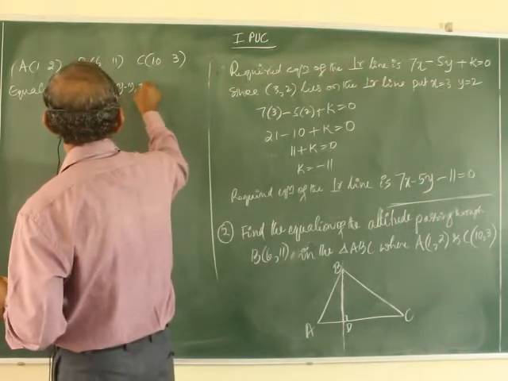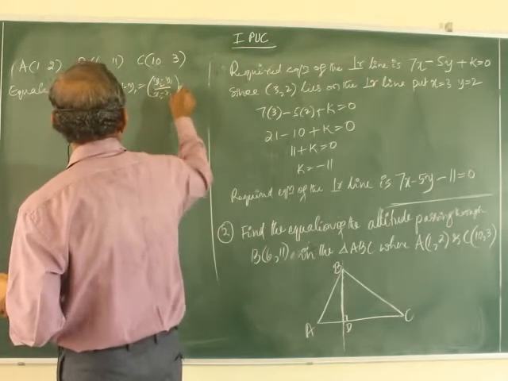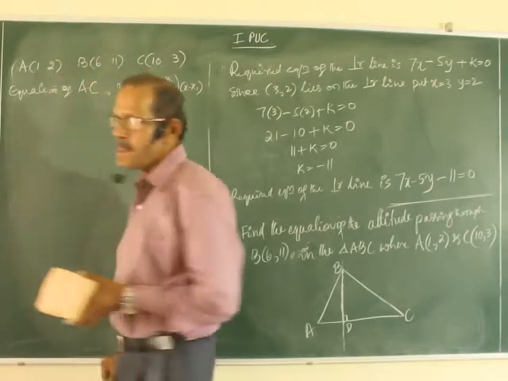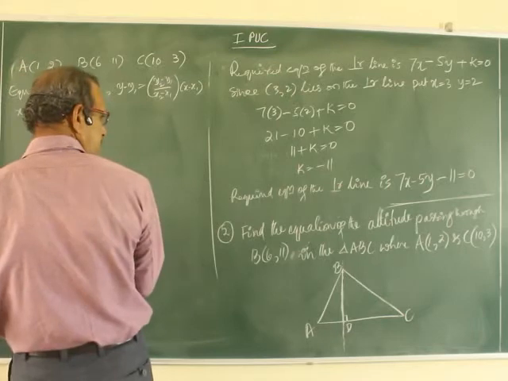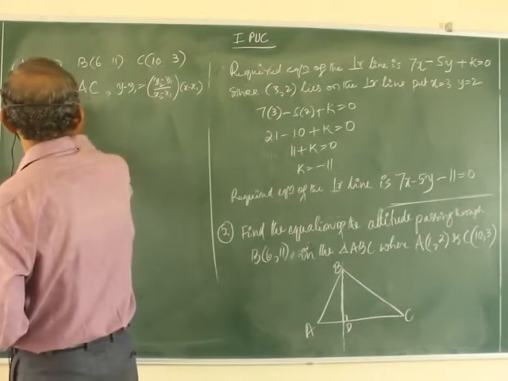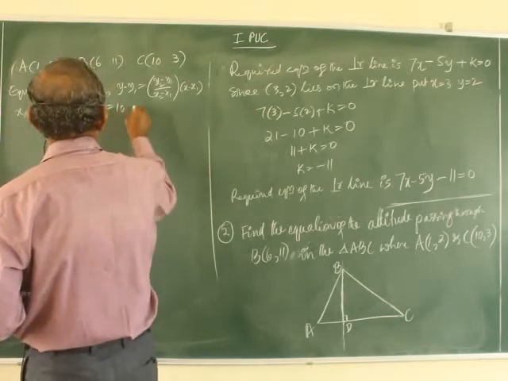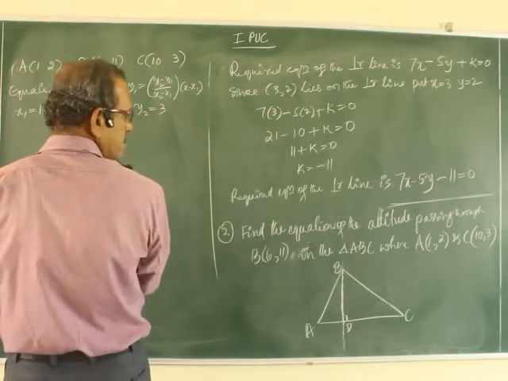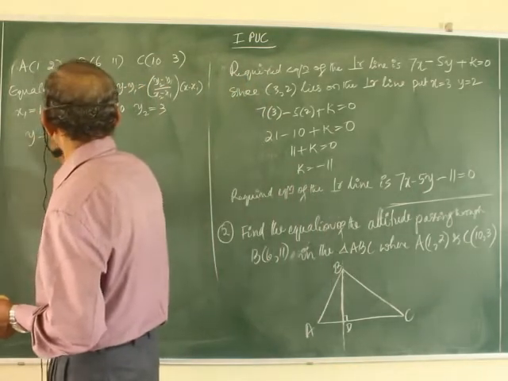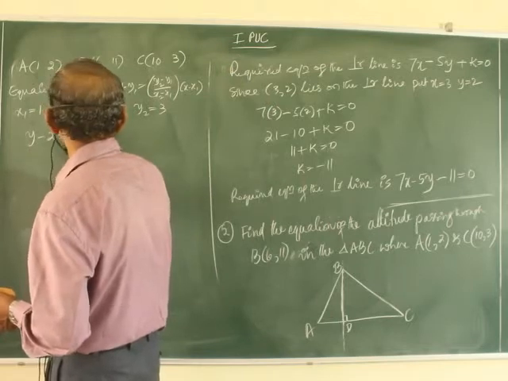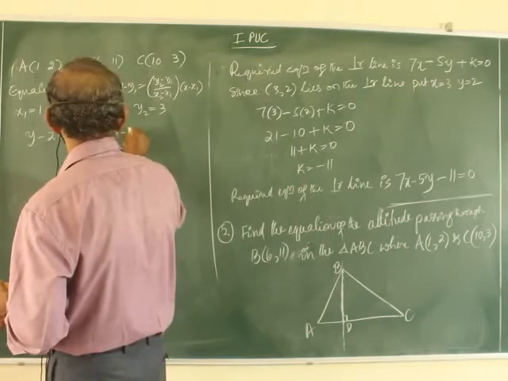y minus y1 equal to (y2 minus y1) by (x2 minus x1) into (x minus x1). x1, y1 is coordinate of A, (1, 2); x2, y2 is coordinate of C, (10, 3).